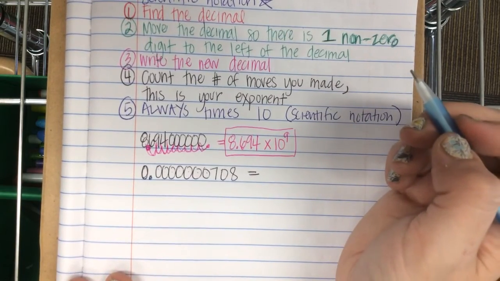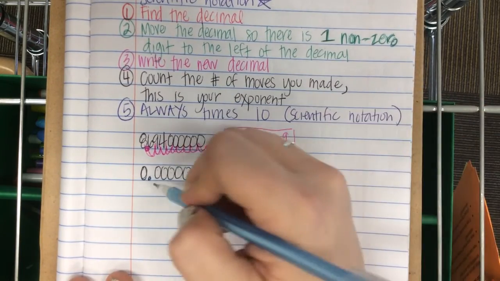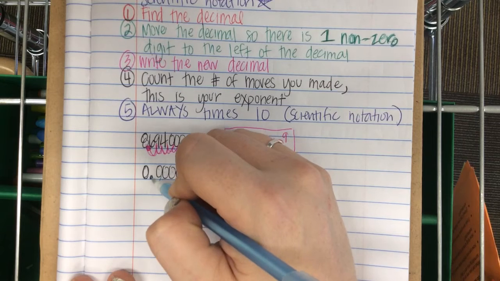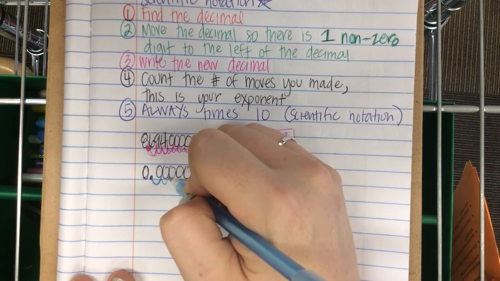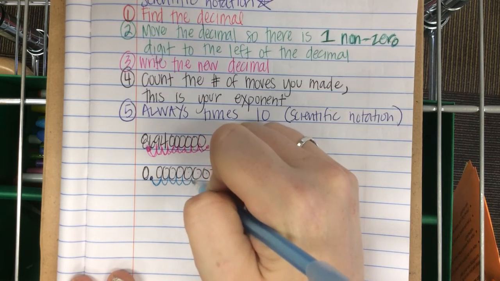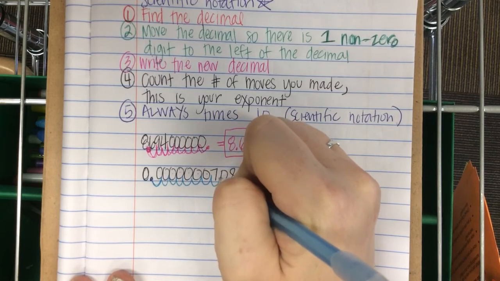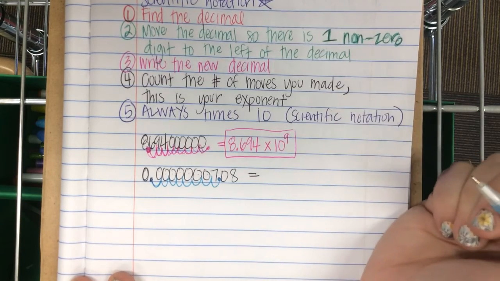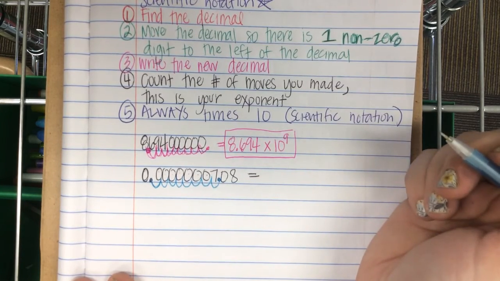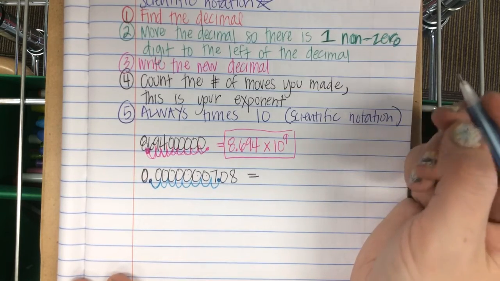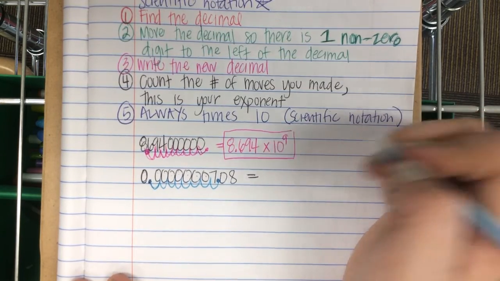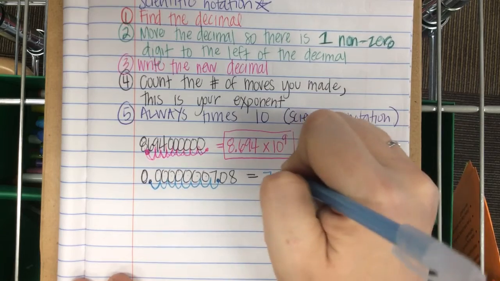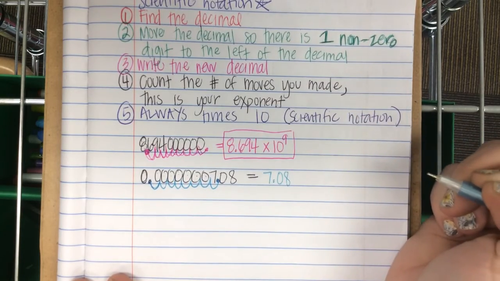Move it so there's one non-zero digit to the left. So I'm moving away this time. I'm moving the opposite. So what's my new decimal? 7.08.